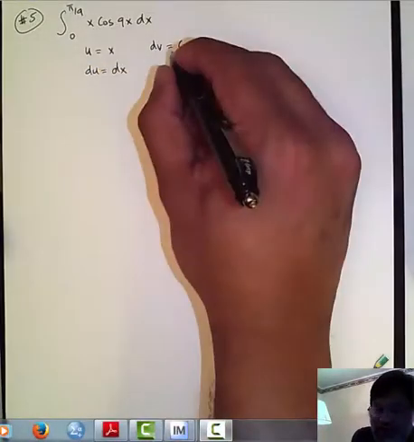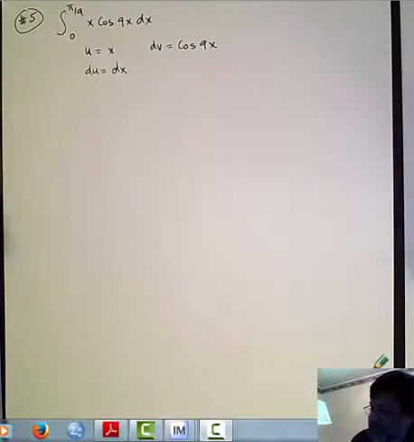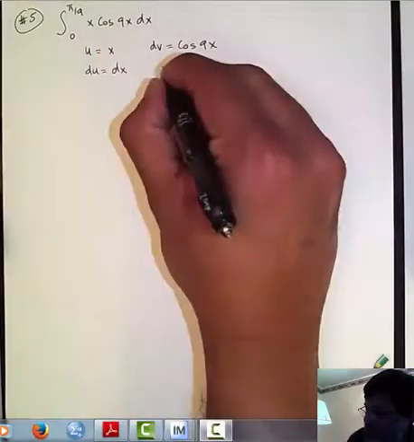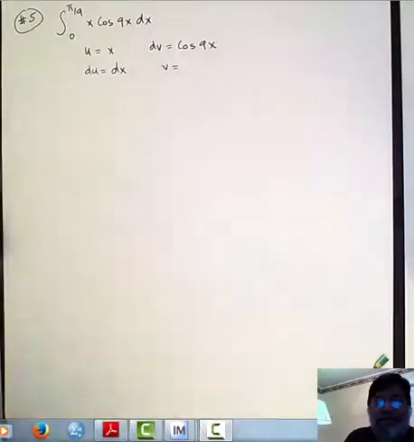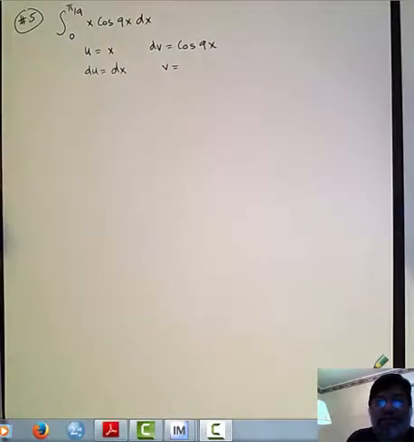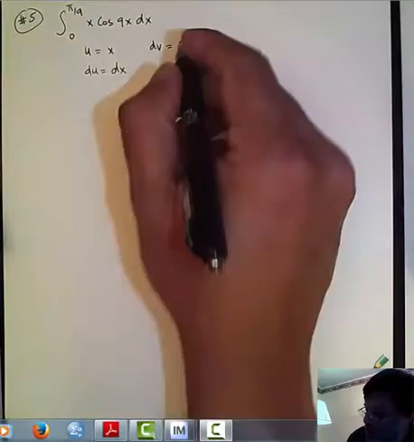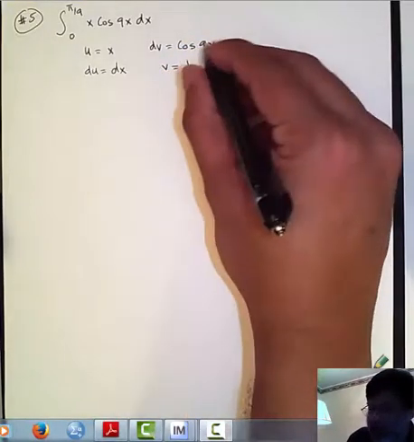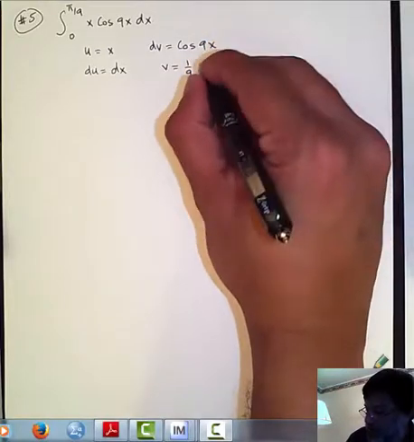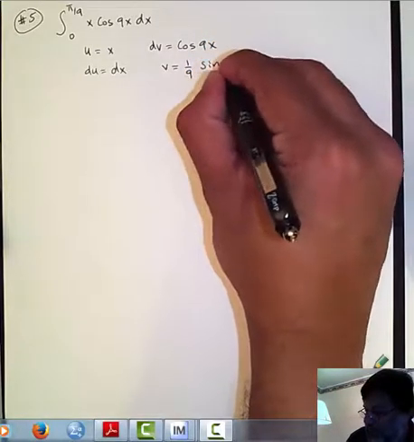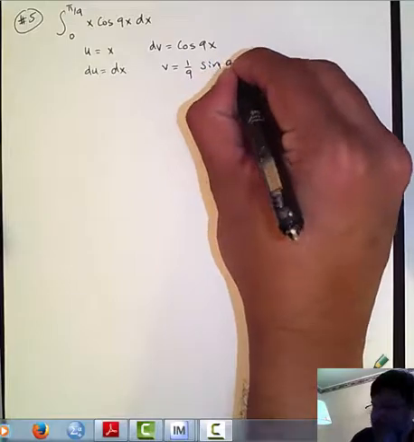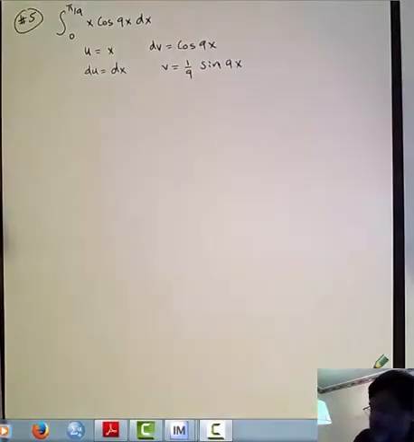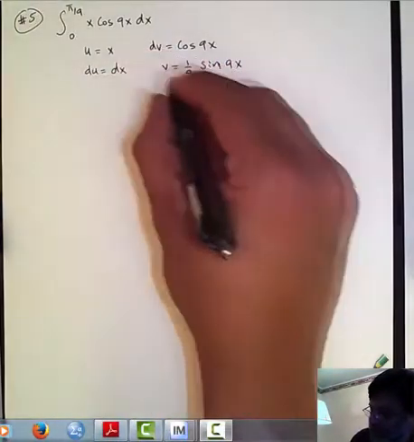Now if I integrate cosine of 9x, what do I get for v? That's right, 1/9 sine 9x. Okay. Now uv minus integral of v du.